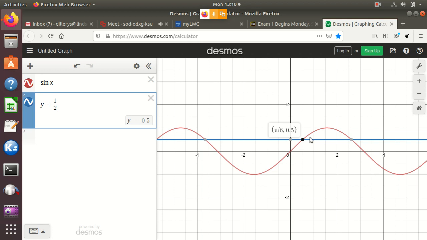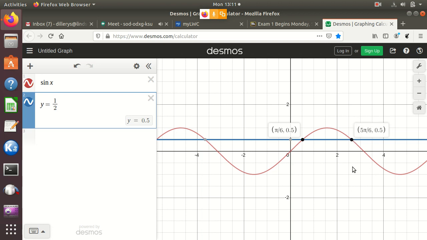With nice ones like this, pi over 6, it tends to give you really nice answers. Square root of 2, not so much, but if it's trig stuff with pi over 2 or pi over 4, it works.